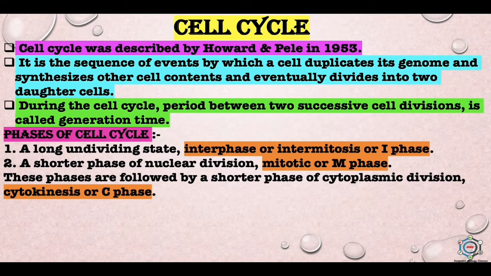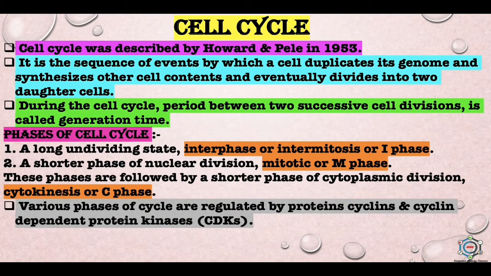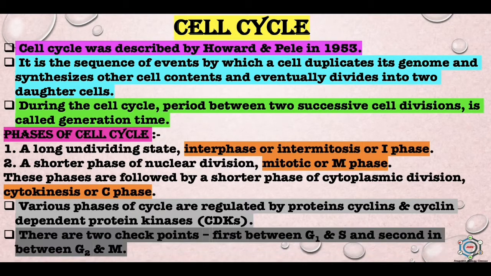These phases are followed by a shorter phase of cytoplasmic division, that is cytokinesis or C phase. The various phases of the cycle are regulated by proteins, that is cyclins and cyclin-dependent protein kinases, in short CDKs. There are two checkpoints, first between G1 and S and the second between G2 and M.